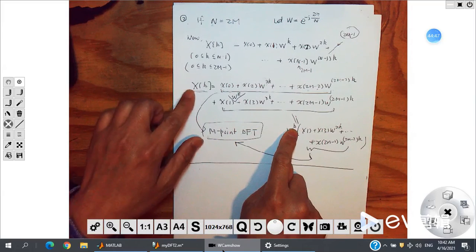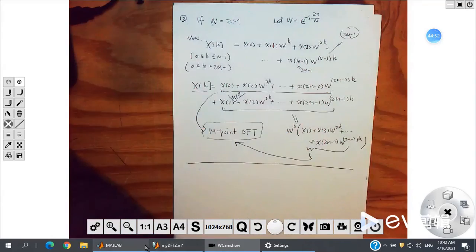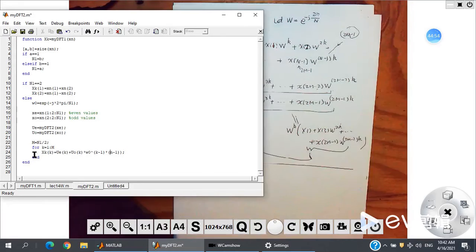So here is Xk, here will be Wk, no n, just k. This is k running from 1 to m, and also I need Xk for the larger index, k plus m, larger than m, right?